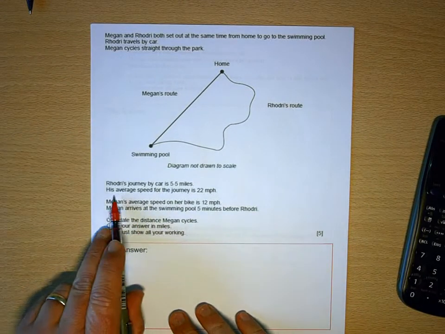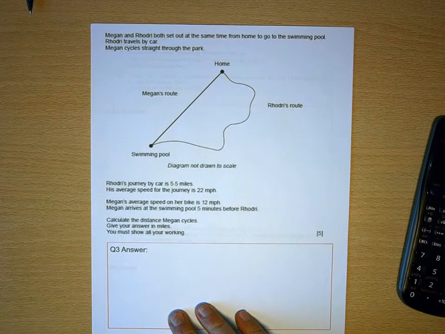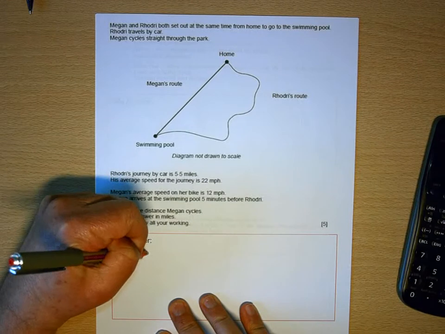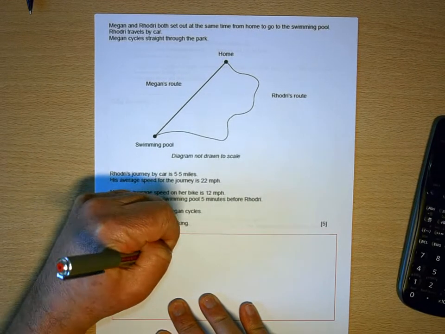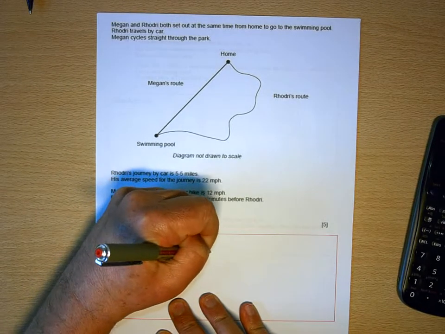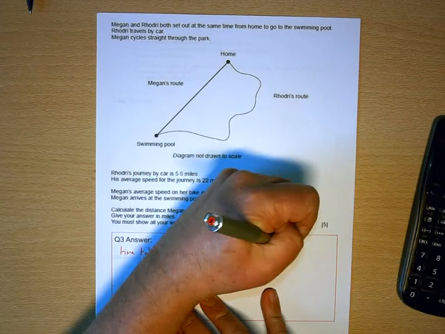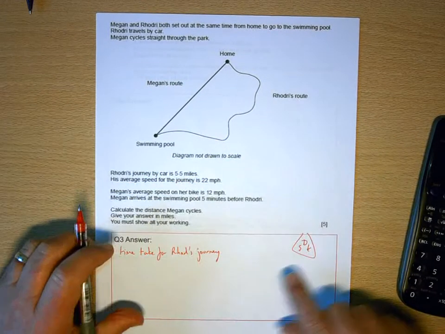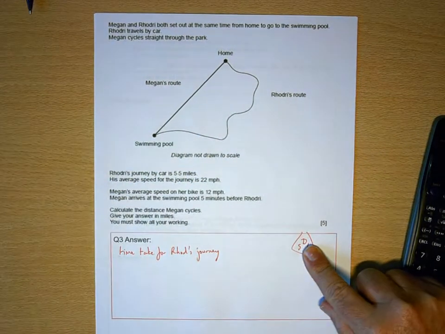So first of all, we can work out how long it took Rodri. Time taken for Rodri's journey. So speed is distance over time. So time is distance over speed.